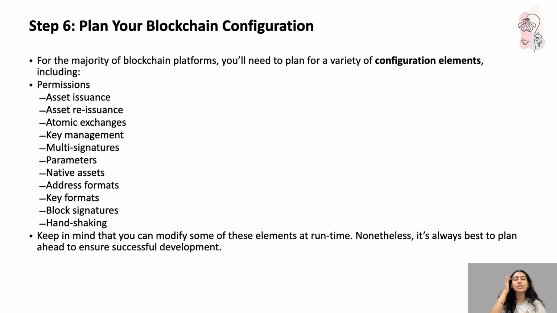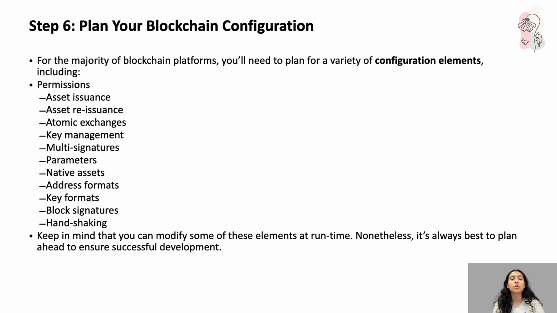Then let's see the next step: plan your blockchain configuration. When building a blockchain solution, it's not just about consensus, and it's not just about the platform. You also need to be very careful about the configuration of the finer details of how your network is going to operate. This includes setting up permissions, who can do what on the network, along with the rules for asset issuance and asset reissuance, that define how your tokens or digital assets are going to be created and managed.